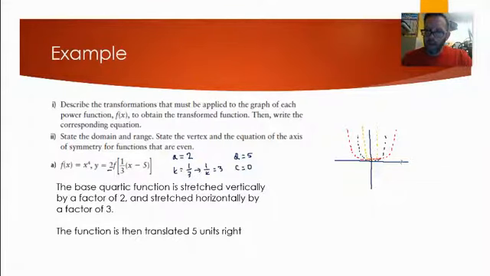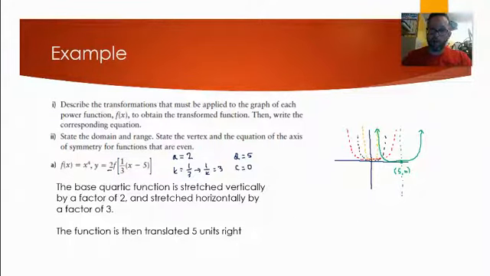And so if you translate that, you get a final function. It looks something like this. And the vertex was at 0, 0, and now it's going to be at 5, 0. And because it was shifted right 5 units, the axis of symmetry is going to be at x equals 5.